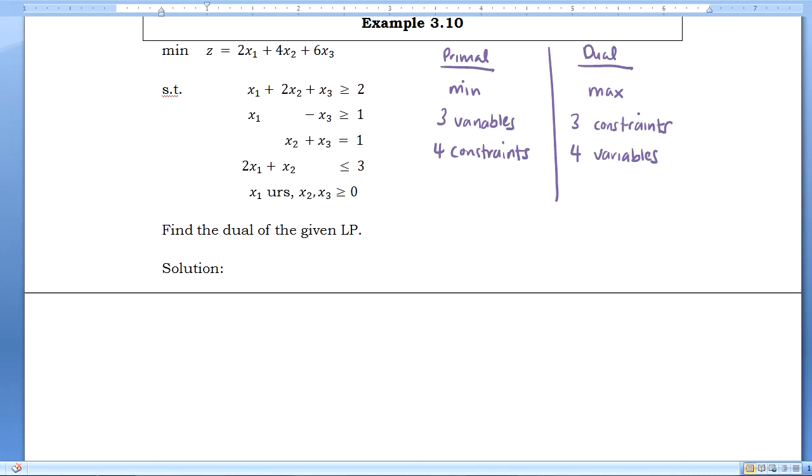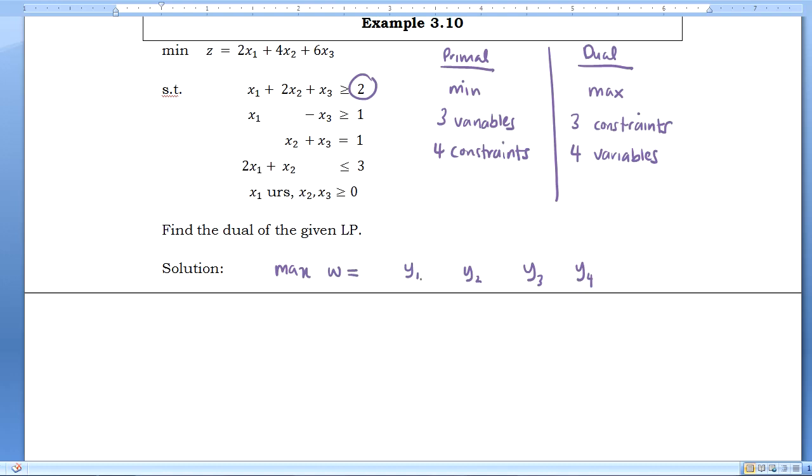The complete model of the dual is: maximize W equals y1, y2, y3 and y4. Okay, the coefficient of this objective function is equal to the right hand side of the primal.